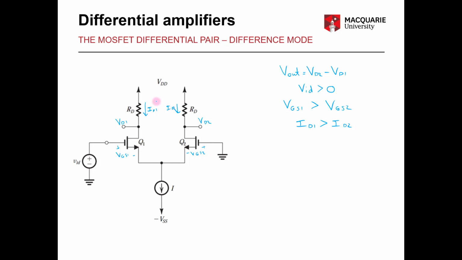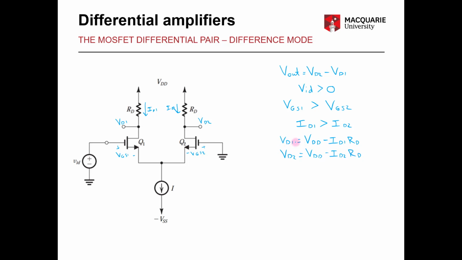So how does this affect our output? Well, we can easily come up with an expression for VD1 and VD2. VD1 is going to be equal to VDD minus ID1 RD, whereas VD2 is going to be equal to VDD minus ID2 RD.